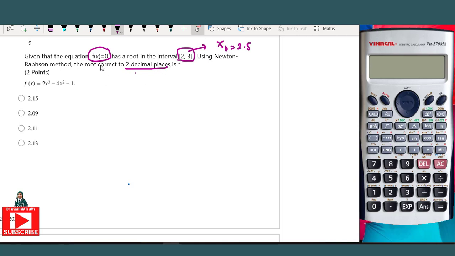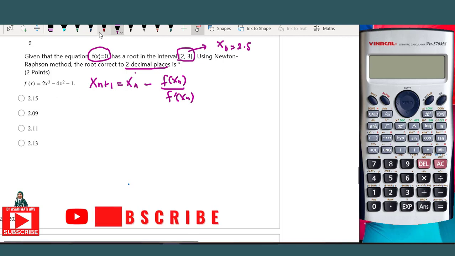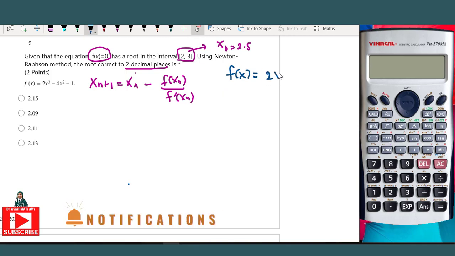So the formula for the numerical method is x(n+1) is equal to xn minus f(xn) over f prime (xn). So f(x) given is equal to 2x cubed minus 4x squared minus 1.